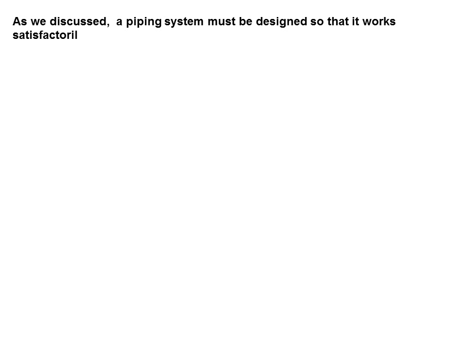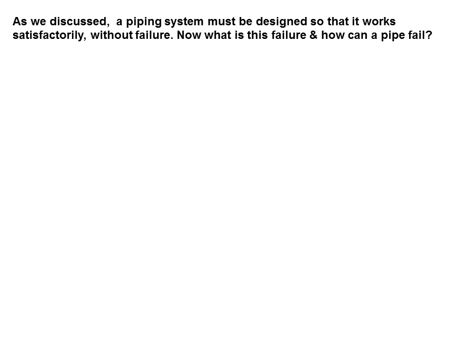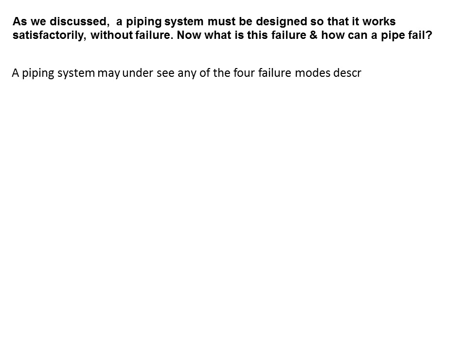As we discussed, a piping system must be designed so that it works satisfactorily without failure. Now, what is this failure and how can a pipe fail? A piping system may fail in any of the four failure modes described below. It may fail in strength, that is, by yielding or by rupture.